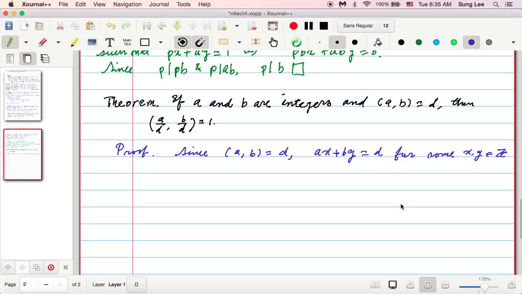This is another way of saying there exist two integers x and y such that ax plus by equals d.